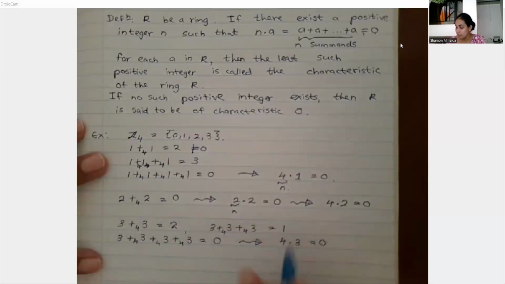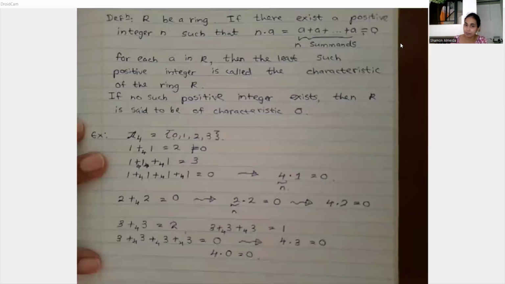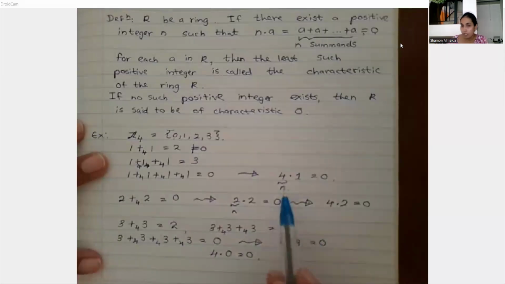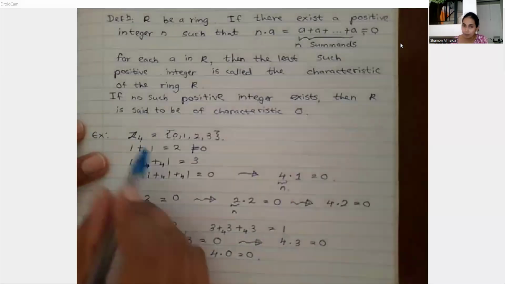Now this integer 4 works for each of these elements 1, 2, 3, and certainly we have 4 times 0 to equal 0 as well. Right? And this is the smallest possible n. 4 is the smallest possible positive value that gives you 4 times a to equal 0, where a is any element in Z4.